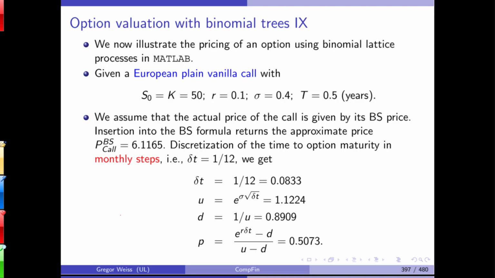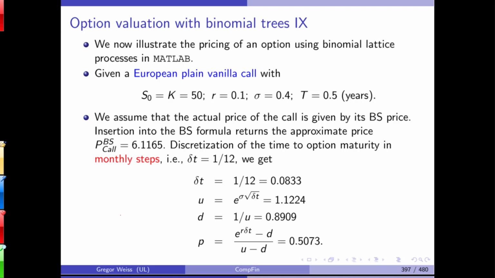But for the moment, for our analysis, it suffices to assume that the true price is given by the Black-Scholes model. Because in the end, if all those assumptions of the Black-Scholes model hold, the Black-Scholes price is the fair arbitrage-free price of the option, and that's the best solution we can come up with.